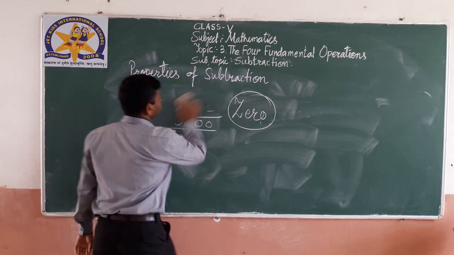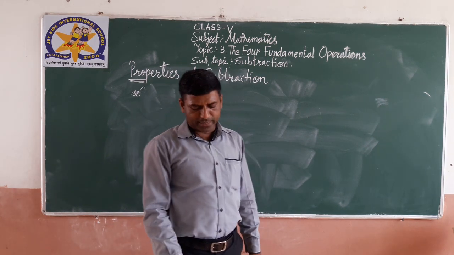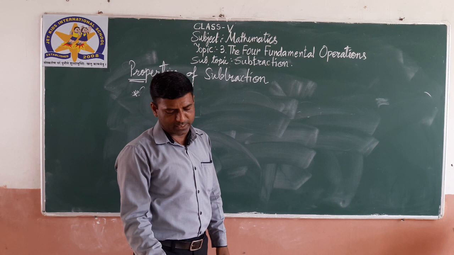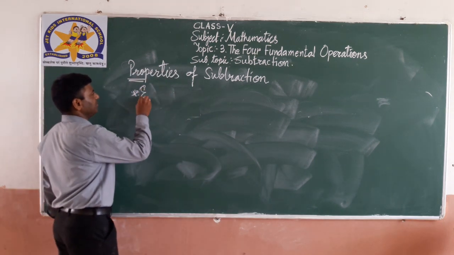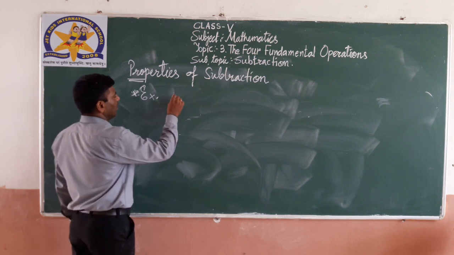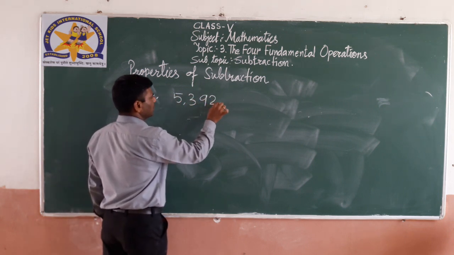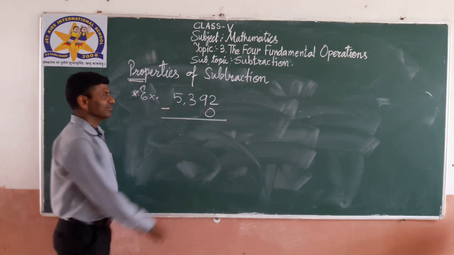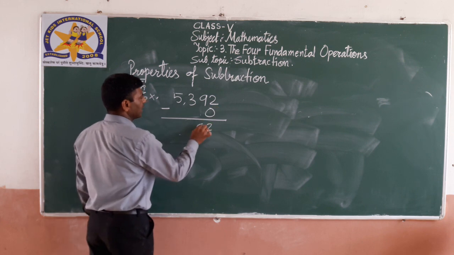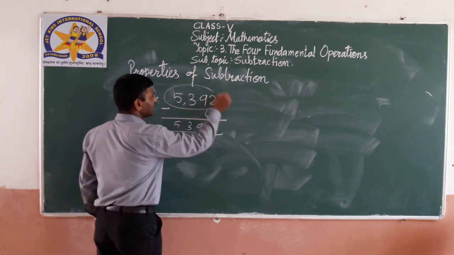Next property: when 0 is subtracted from a number, the difference is the number itself. Let's take an example. 5392 minus 0. What is the answer? The number itself.